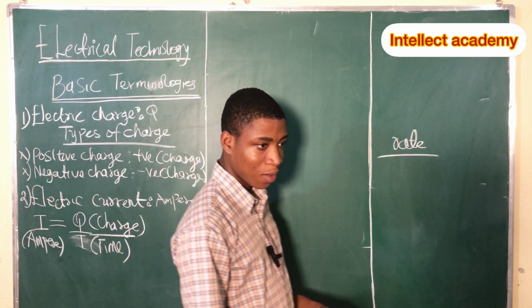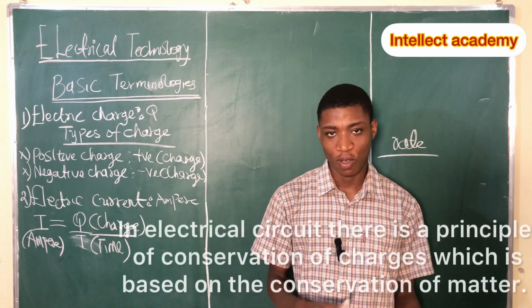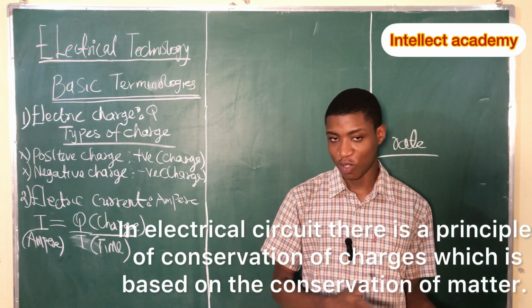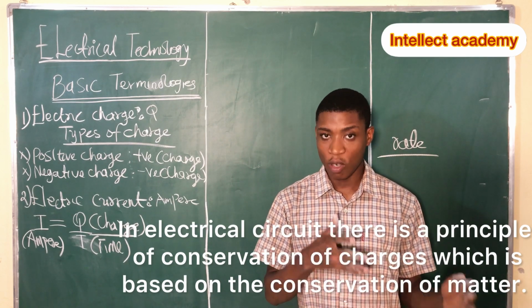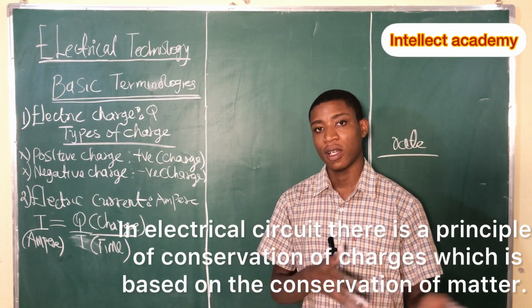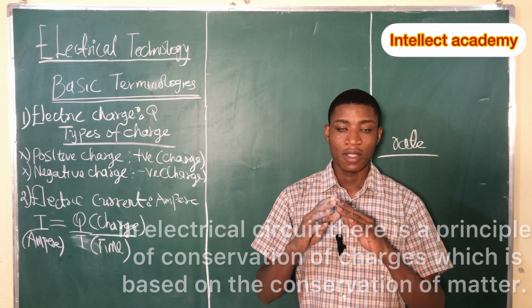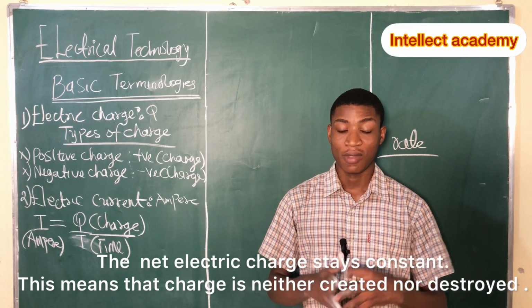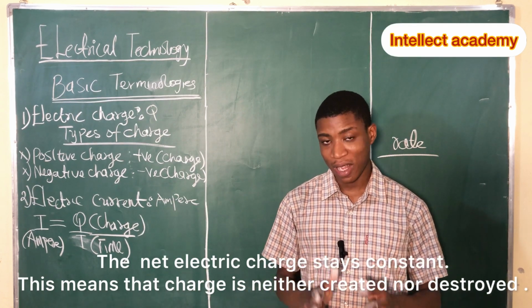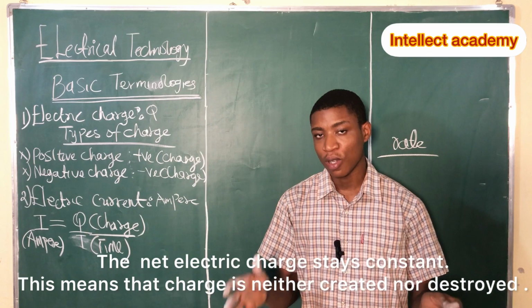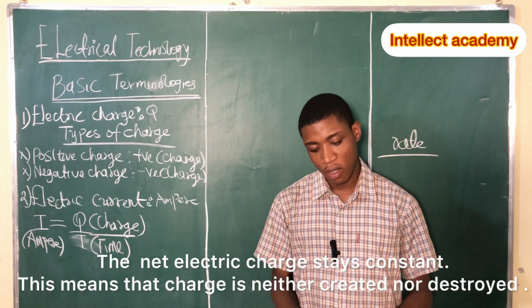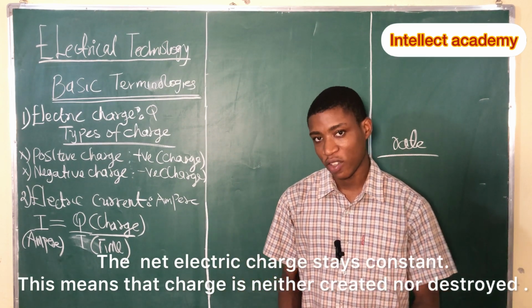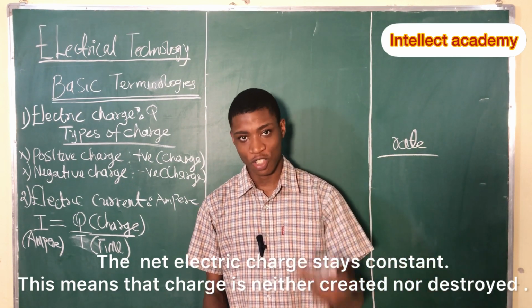The conservation of electric charge is based on the conservation of matter, which says that matter cannot be created nor destroyed. The net electric charge in a circuit stays constant, meaning that charge cannot be created nor destroyed. So that's the conservation of electric charge.